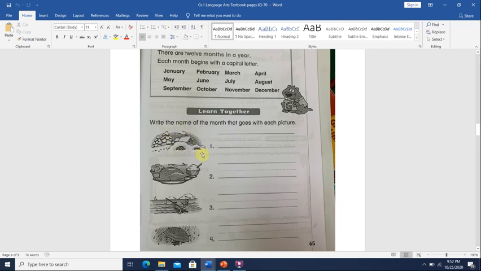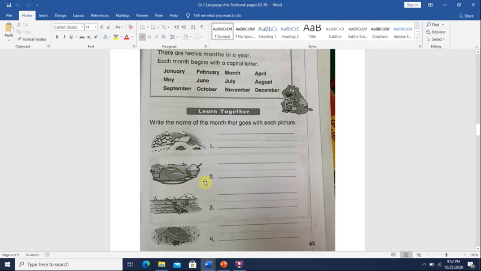So for example, we can write one of these months. For example, it usually snows in December or in January. So if I want to write December, I will begin December with capital D. If I want to write January, I can write January with capital J.